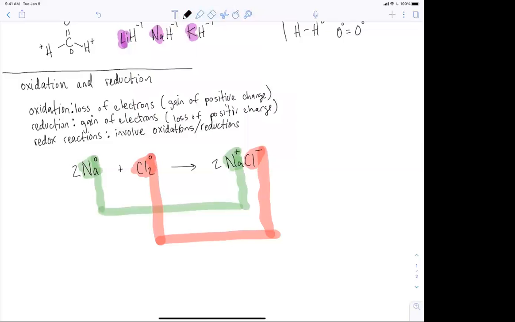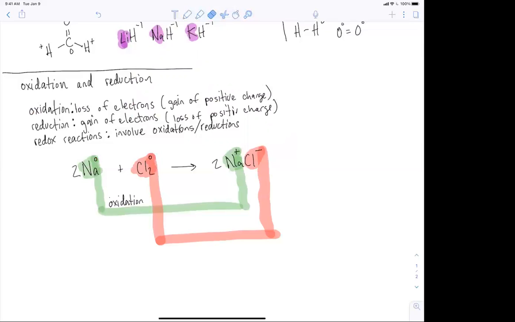So that means if we come back up here and look, gain of positive charge, which is what this has, means that we lost electrons. It's an oxidation. So this guy, we'll just call it the oxidation for now. This is our oxidation.